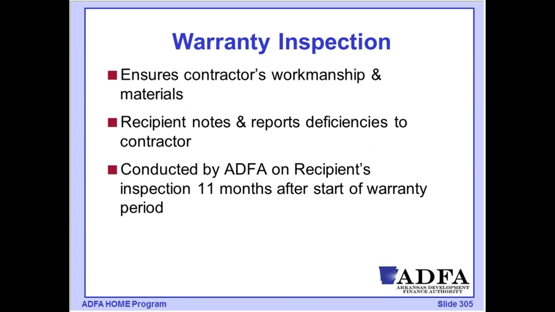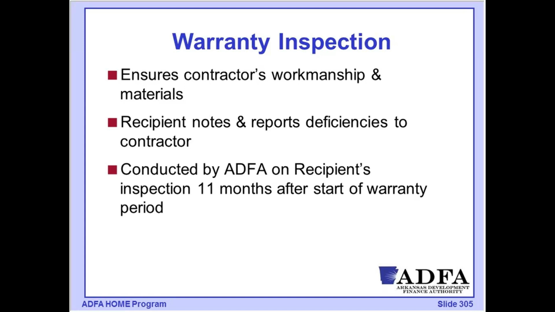We mentioned a warranty inspection. It is just ensuring that the contractor's workmanship and materials are holding up. And again, all through this process, as the recipient overseeing the construction process, you're going to want to keep detailed notes about the progress, the timing on this project, and any deficiencies or issues related to working with that contractor.